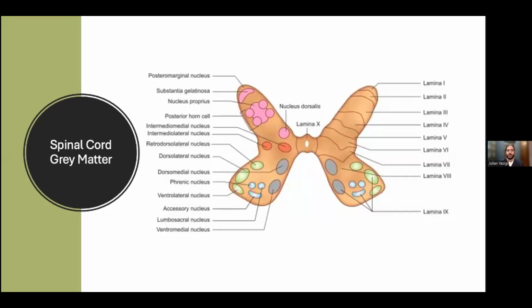This region contains interneurons that participate in bilateral reflex coordination and has a role in the regulation of pelvic viscera. It's the area most affected in conditions such as syringomyelia, in which cavitation disrupts decussating spinothalamic fibers, leading to the classic cape-like loss of pain and temperature.